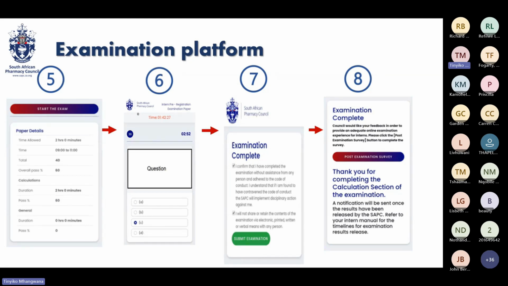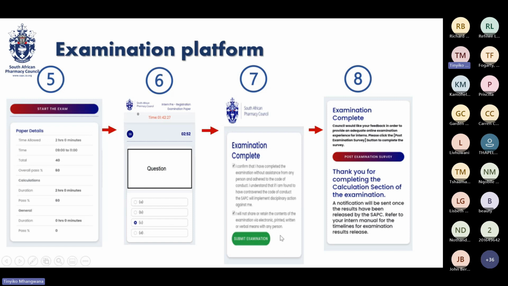You understand that if you are found to have contravened the code of conduct, SAPC might have to discipline you. And then you also declare again that you will not share or retain the content of the examination via electronic, printed, written, or verbal means with any person.